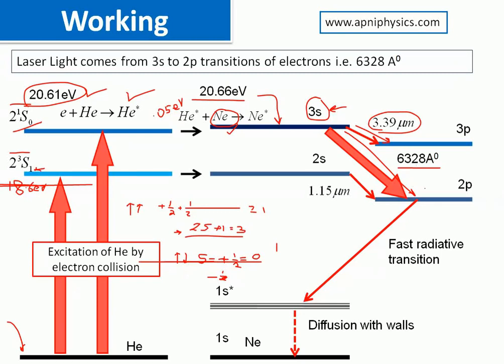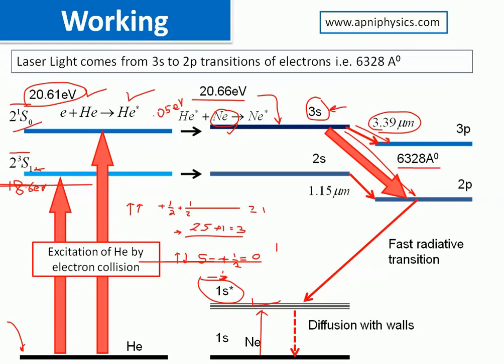So here the metastable state is 3s and the second state is 2p, and then from here the atoms, after the transition of a photon of this particular wavelength, come into the ground state, that is the 1s state. This 1s star means that right now this state is the ground state, 1s state, but is a little bit higher than the actual ground state.